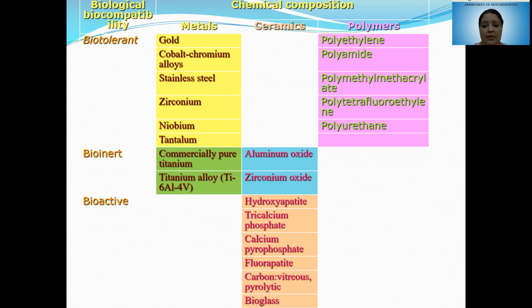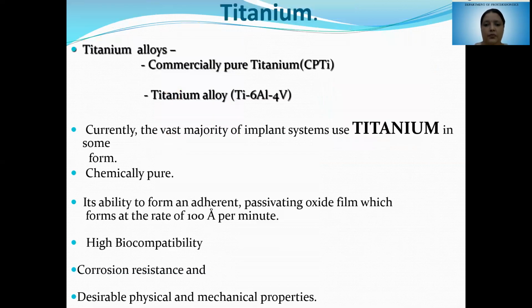Many bioactive ceramics like hydroxyapatite, TCP or tricalcium phosphate, calcium pyrophosphate, fluorapatite, bioglass, and carbon are used nowadays. The most common implant material is a bioinert metal, which is titanium. Titanium is used in two different forms: commercially pure titanium and a titanium alloy, that is titanium 6 aluminium 4 vanadium. They are chemically pure.